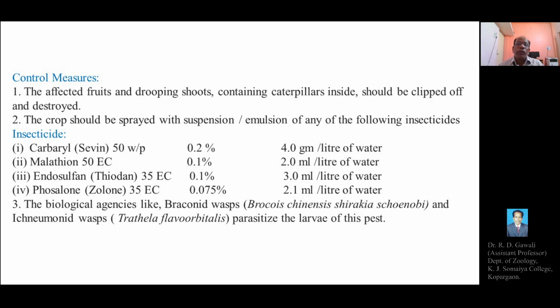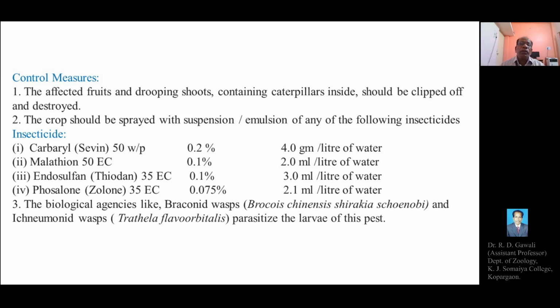So 0.2% carbaryl suspension can be sprayed onto the brinjal crop when the infestation or attack of the pest is noticed. The quantity of the carbaryl is 4 gram per liter of water.